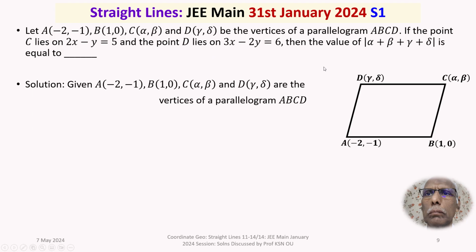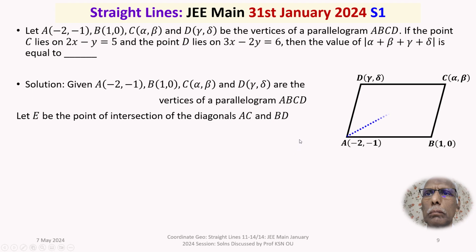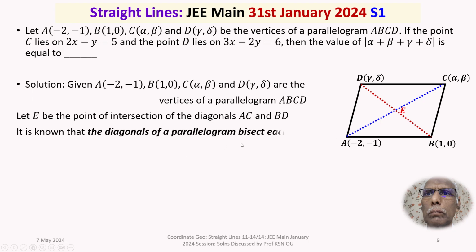Now we recall a result. Let E be the point of intersection of the diagonals. First diagonal AC, the second is DB. This is E. So, AC, BD, the intersection is E. And we recall that the diagonals of a parallelogram bisect each other.